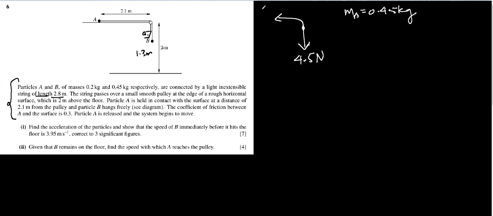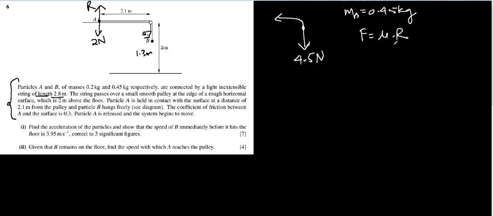And what is that force? We know frictional force is mu times the normal contact force. And the normal contact force for this mass A, 0.2 kg is the mass, so weight will be 2 newtons, and same will be the normal contact force, because there is no other force acting on this mass in vertical direction.